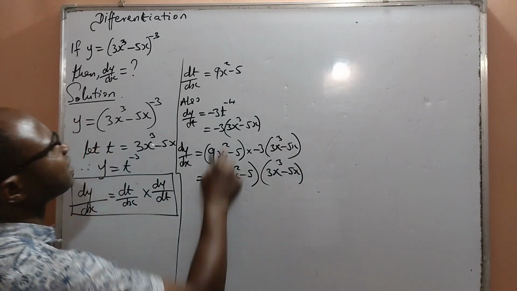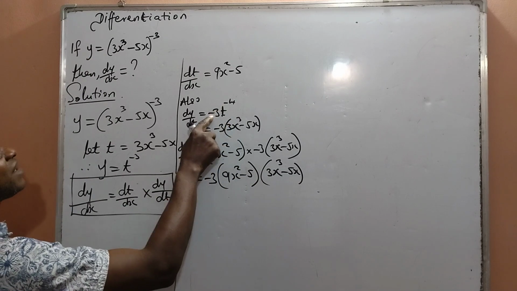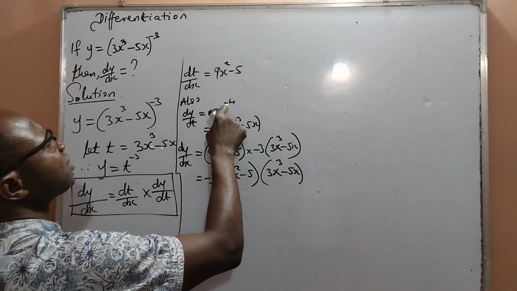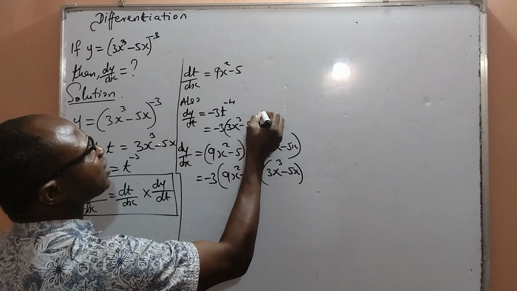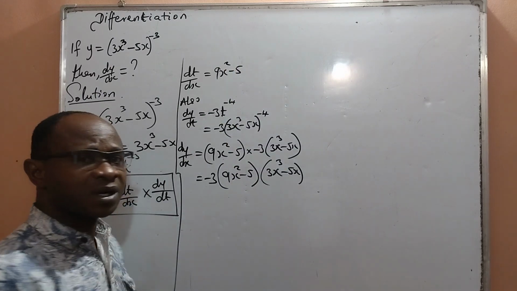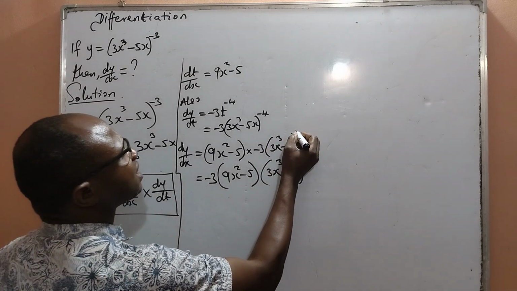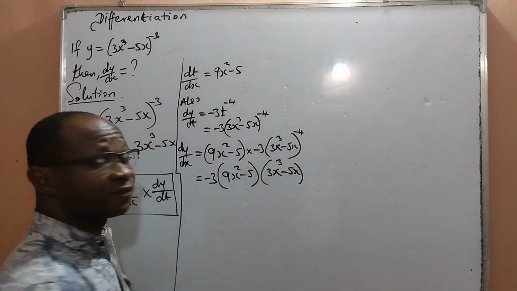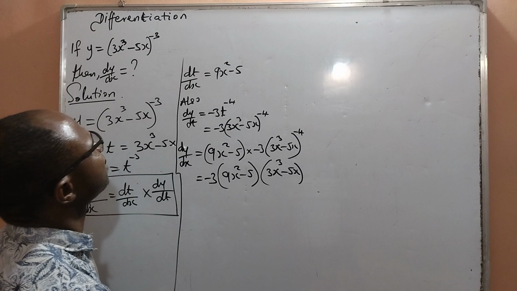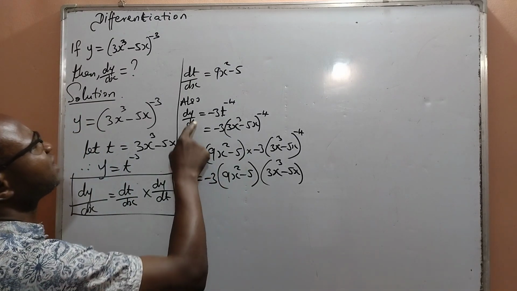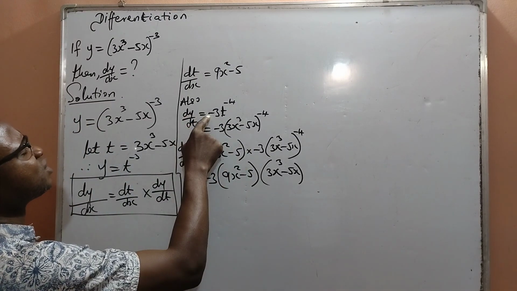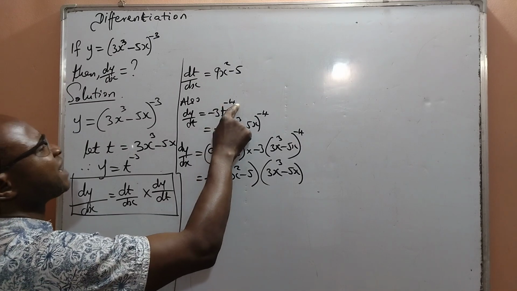But then, I still have here minus 3t raised to the power negative 4. So there is an omission of the power negative 4. Please, I beg your pardon. This place still has negative 4 as the exponent. What does that mean? That dy/dt is gotten to be minus 3t raised to the power minus 4.